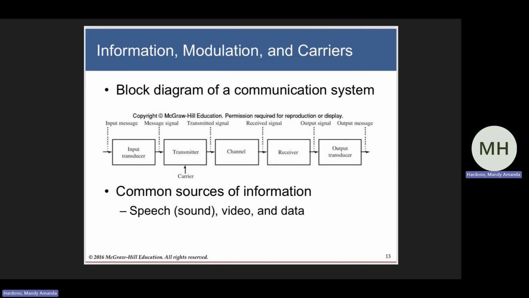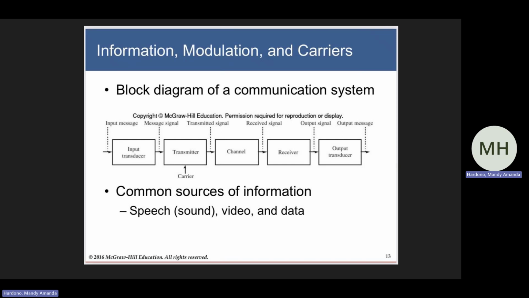You also want to take note of the little pointers going to each arrow. At the beginning there's the input message, and between the input transducer and the transmitter there's a message signal. The transmitted signal goes from the transmitter to the channel, and so on. You want to know what's in between each block.